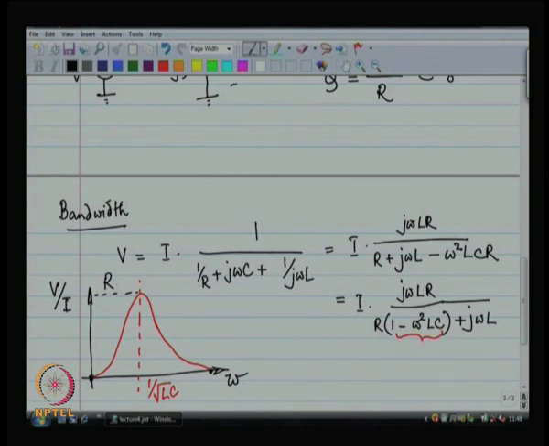Now, my question to you is, what is the bandwidth? So, I understand that I have a band pass characteristic centered around the frequency 1 by square root of L C, but what exactly is the bandwidth of this band pass characteristic?